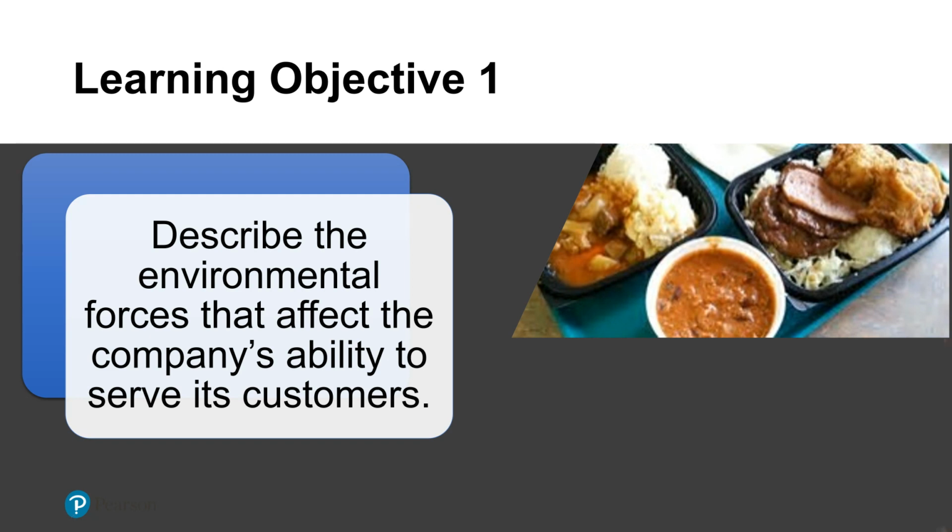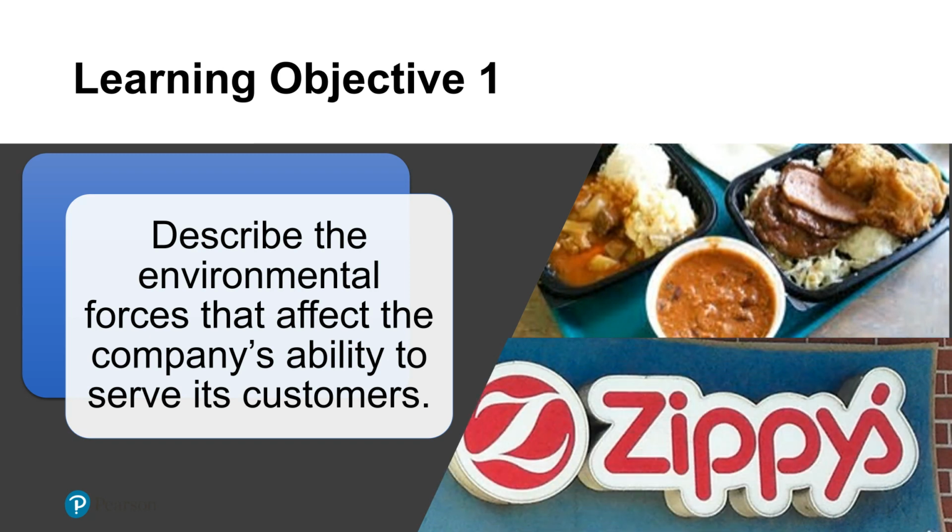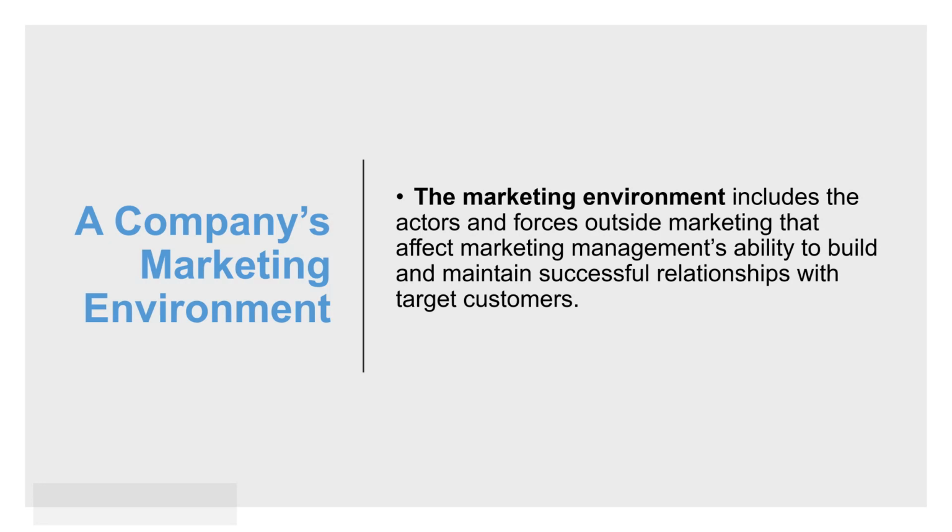Based off of this picture, most of you have probably visited here, and it's called Zippy's. Zippy's is a well-known franchise here in Hawaii, and most of us have eaten there. We're going to be talking about the macro and micro environmental factors that impact Zippy's and how they can address those ever-changing items.